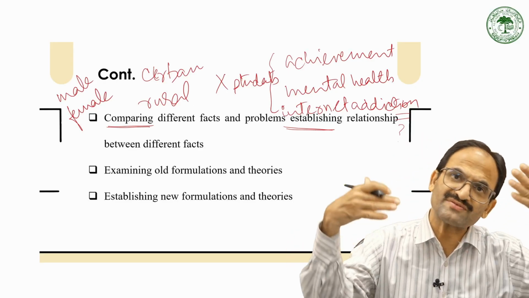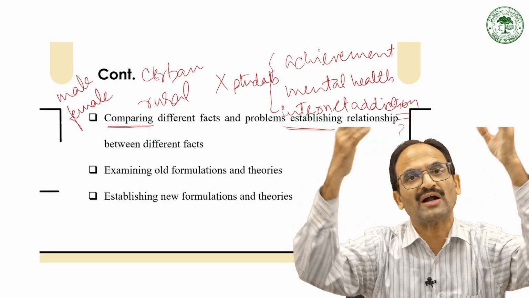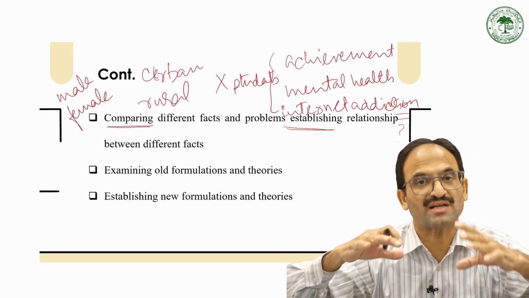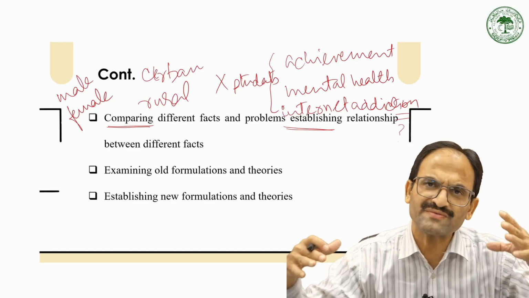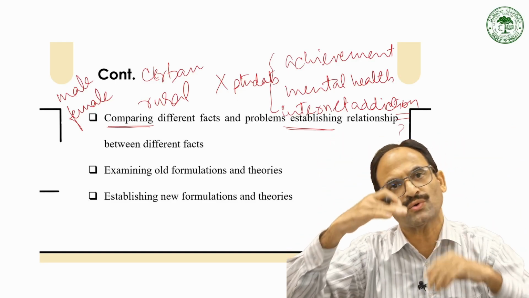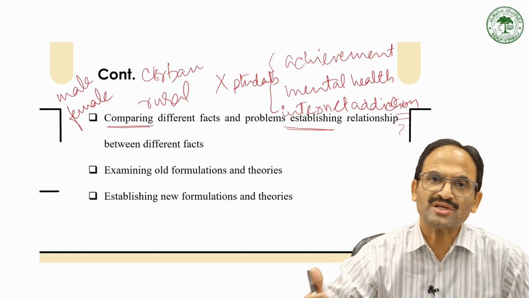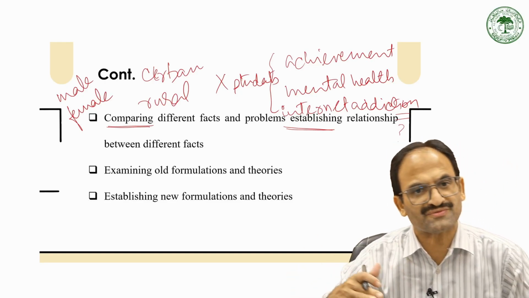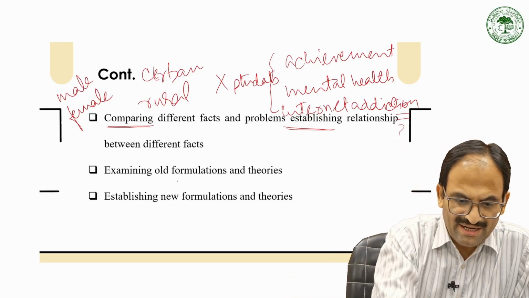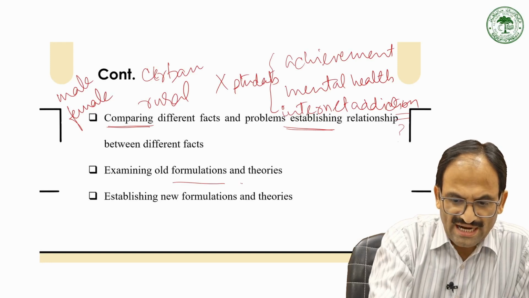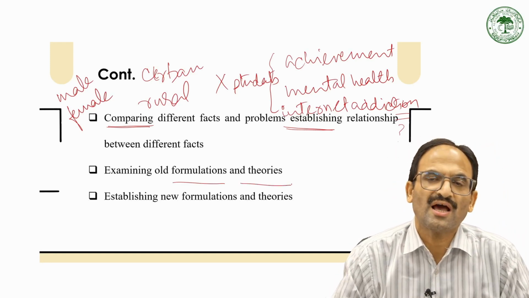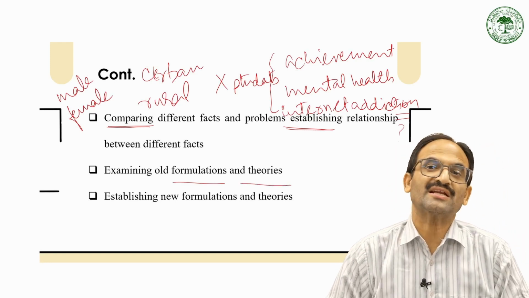Or sometimes we have some old theory and we want to know whether this theory still is relevant or not. Or sometimes we have some old formulations and we want to know whether these formulations still hold in this era or not. So in such a situation, examining old formulations and old theories, we also need statistics.